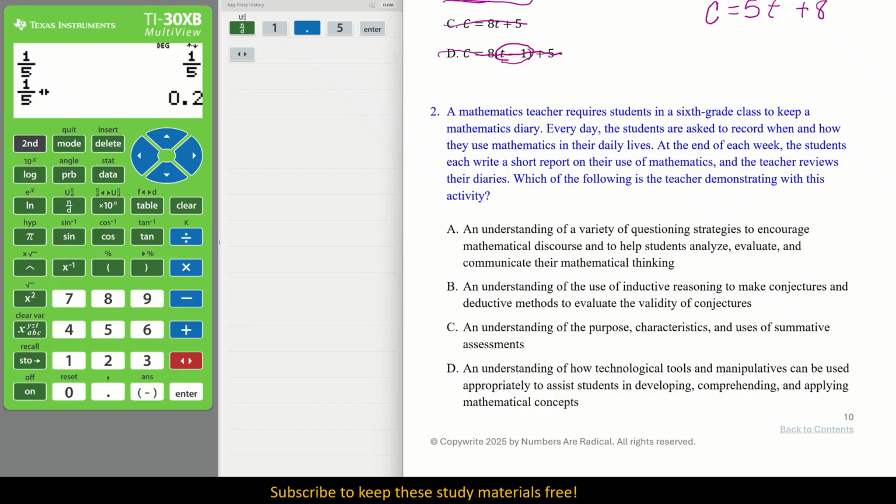A mathematics teacher requires students in a 6th grade class to keep a mathematics diary. Each day, the students are asked to record when and how they use mathematics in their daily lives. Okay, so they have to think about, I went to the store today and I had to decide if I had enough money.